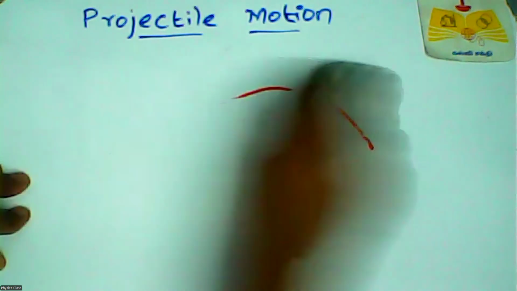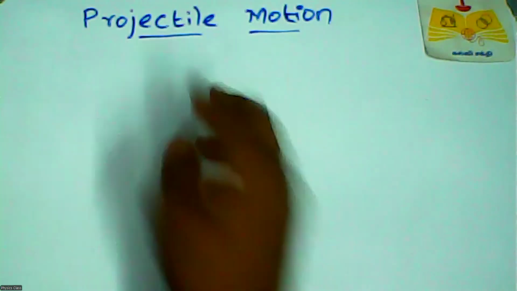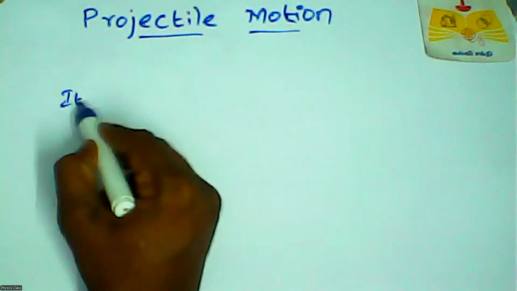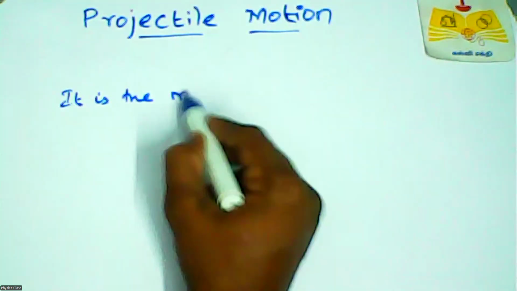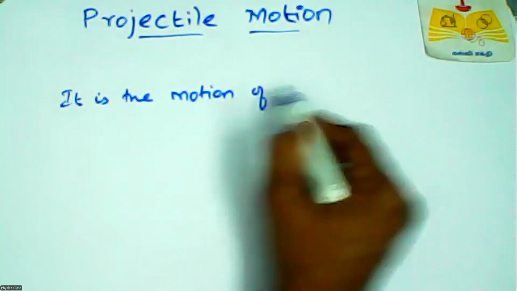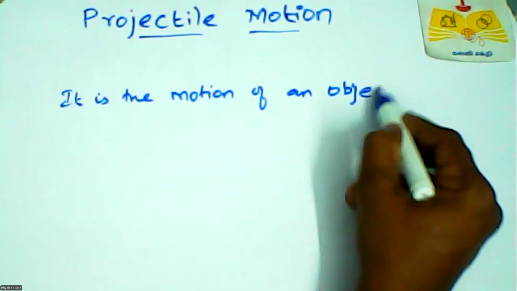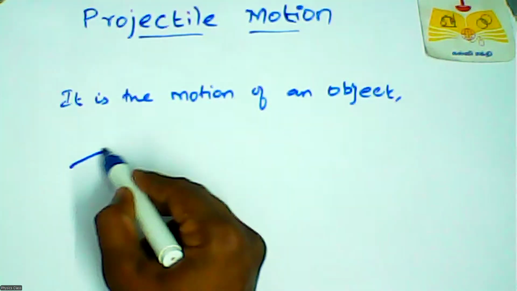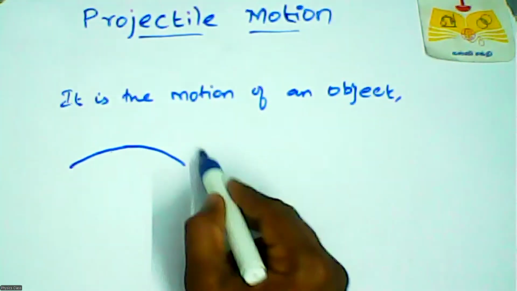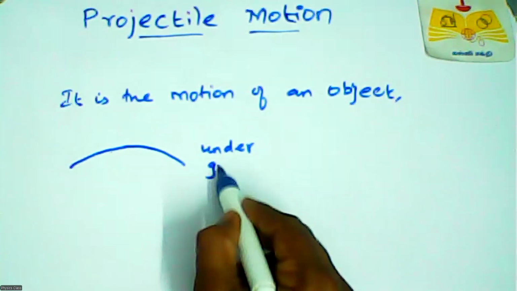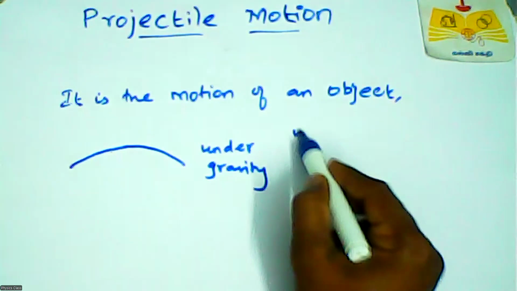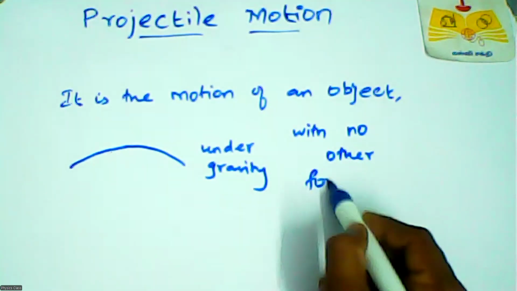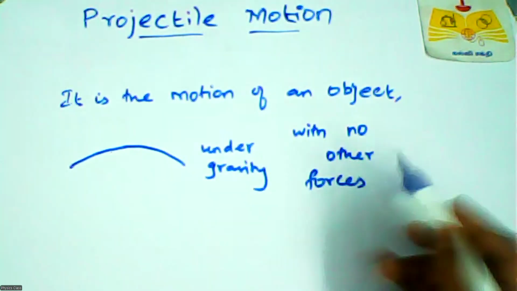Let's dive into projectile motion. It is the motion of an object like a ball, thrown or launched under gravity, with no other forces acting on it.